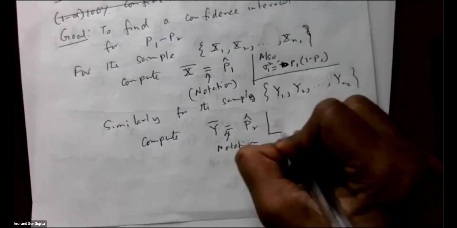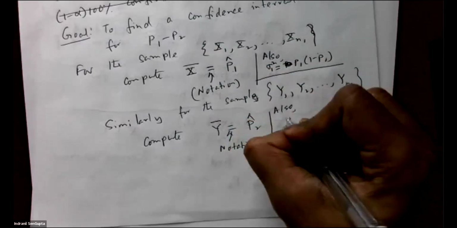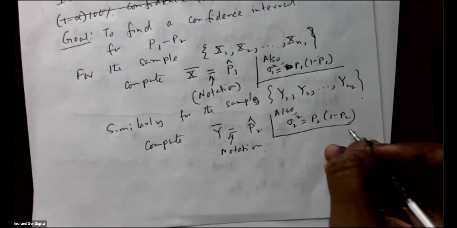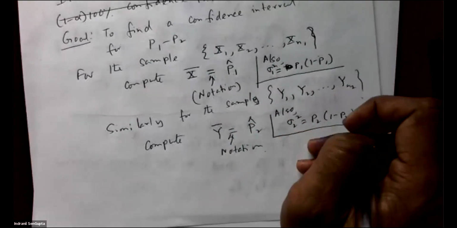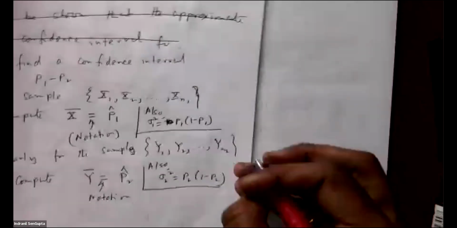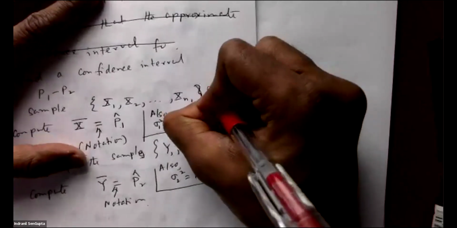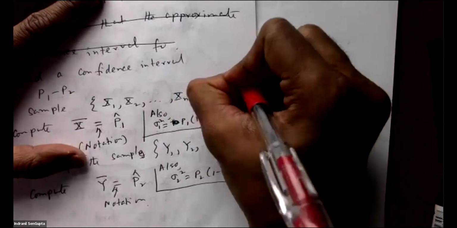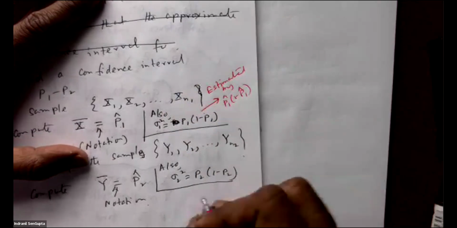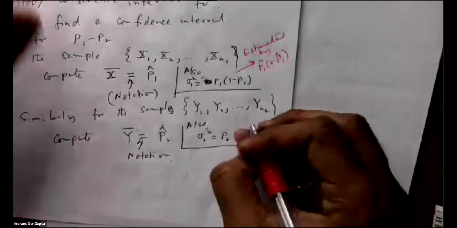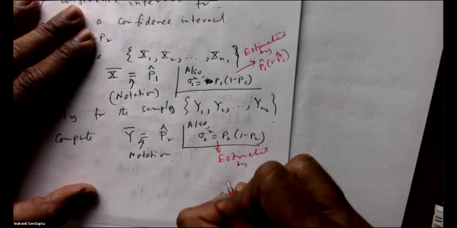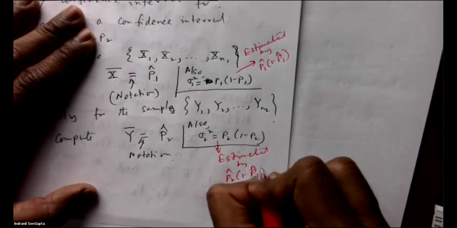Also sigma 2 squared is p2 times 1 minus p2, and this can be estimated by p2 hat times 1 minus p2 hat.